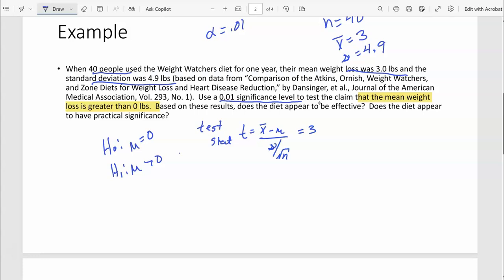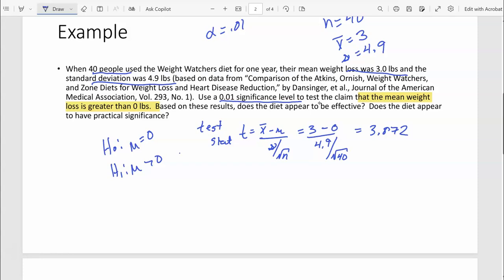So our x bar is 3. Our mean is 0. Our standard deviation was 4.9. And our n was 40. So if we plug all that in the calculator, make sure you put parentheses around the top and around the bottom. And when I do that, I get 3.872.